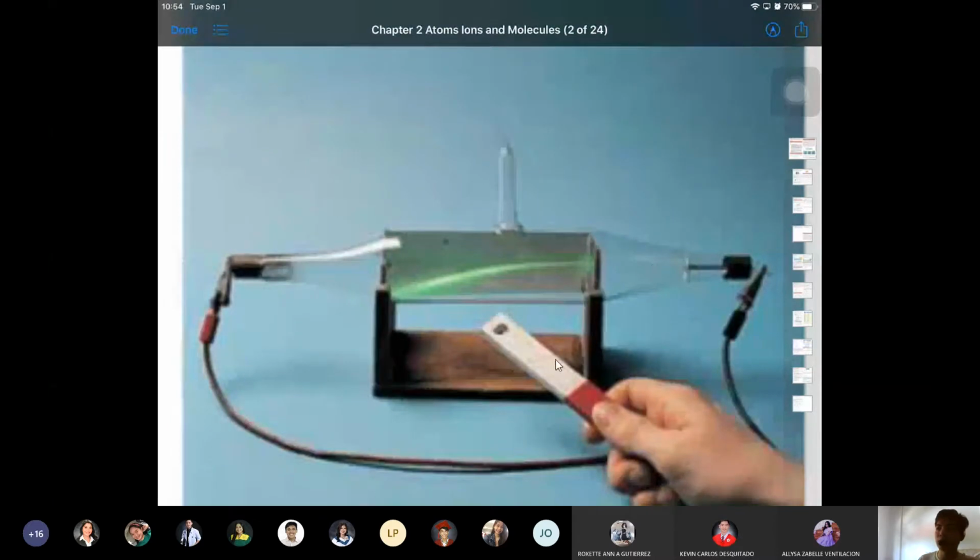used the magnet, no? And he tested how this particle, or this ray, would react towards the magnet. So this is the positive side of the magnet, no? This white is the positive pole of the magnet. Then what happened to the ray? As you can see, it is deflected towards the positive magnet.